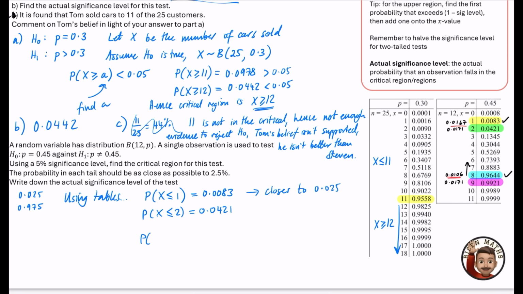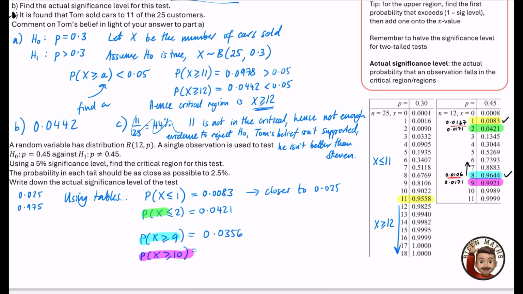And then I'm going to say the probability that x is greater than or equal to, so remember this one is 8, it's actually greater than or equal to 9. That is going to be 1 minus 0.9644. That is 0.0356. And the probability that x is greater than or equal to 10, that is for the pink one, and that is for the blue one.